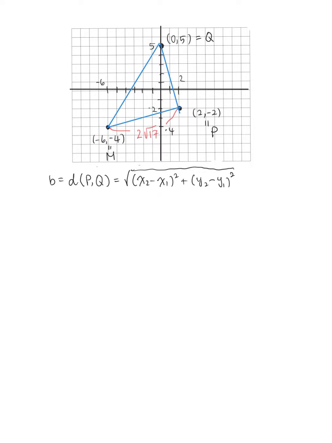Again, it doesn't really matter which one you want to call x1, y1, but let's just all do it the same way. So let's just call this one x1, y1, and then x2, y2.